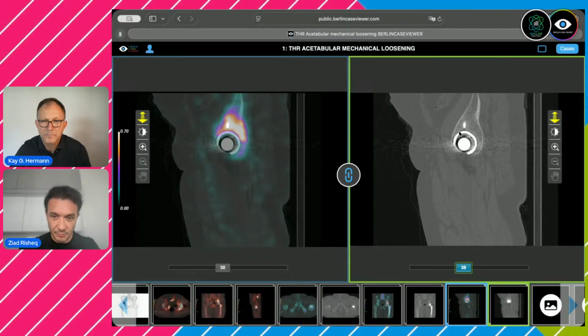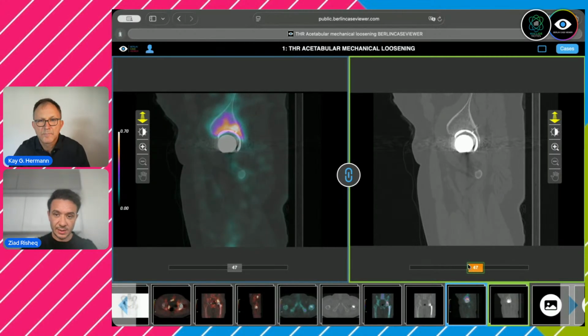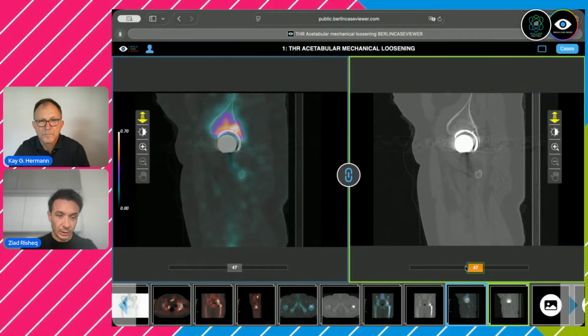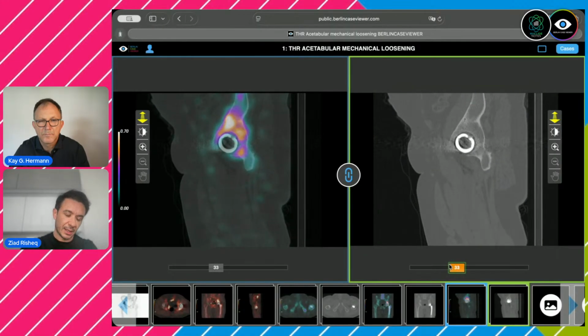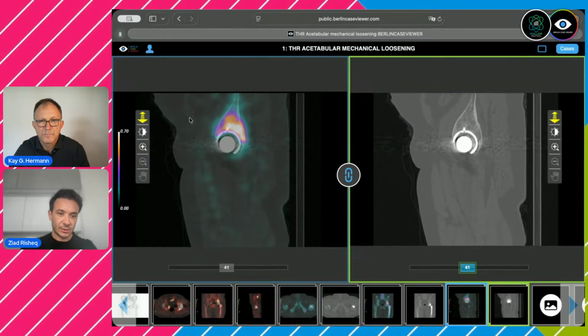But we can appreciate that there is some kind of lucency over here, even though it's probably less than 2 millimeter. But if there's a corresponding intense tracer uptake, this is probably loosening, whether it's mechanical loosening, aseptic loosening, or septic loosening, since we have this intense tracer uptake.